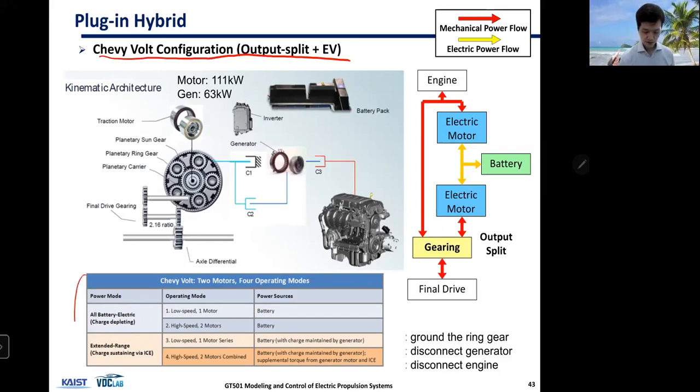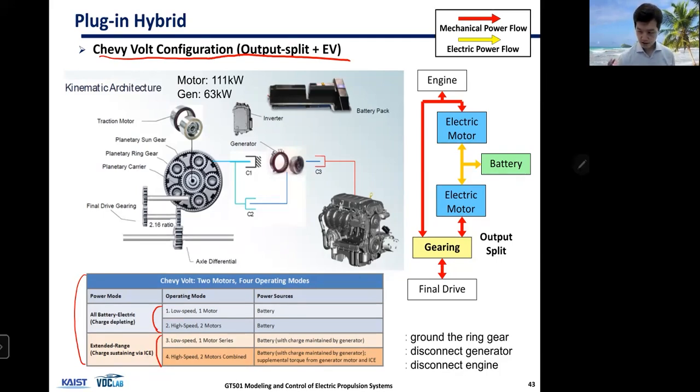So if you look at this table, there are a total of 4 operating modes, 2 EV modes and 2 hybrid modes. The 2 EV modes consist of low speed 1-motor EV mode and high speed 2-motor EV mode.